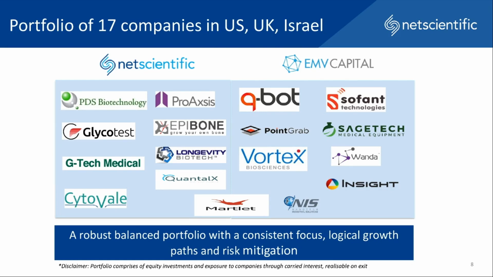I'm not going to talk about each one now because it would take too long, but in the course of the presentation, and in particular in the next half of the presentation, Ilian will take you through specific case studies about each of those companies and exemplify what we're doing. So we have that robust, balanced portfolio. The focus is very much on the future and the growth. And as such, with that balance, we can mitigate the risk. So the portfolio delivers exactly what we want it to do.